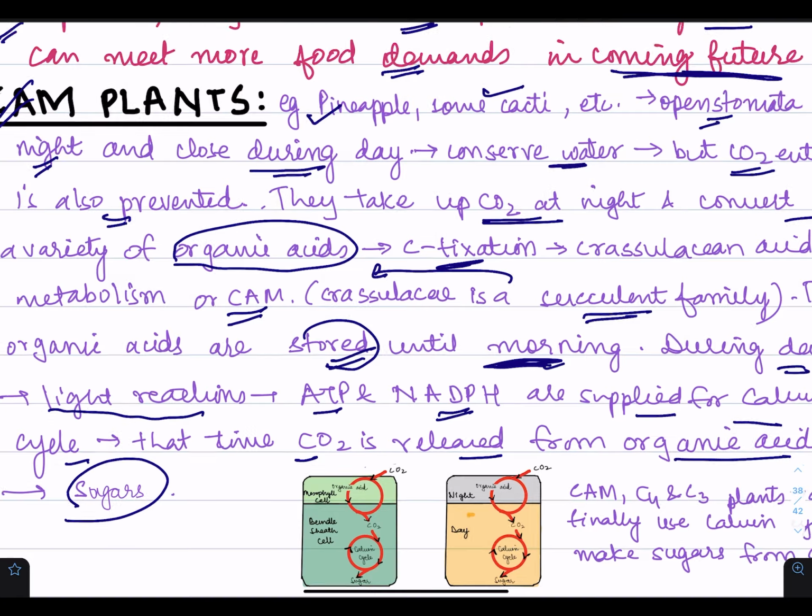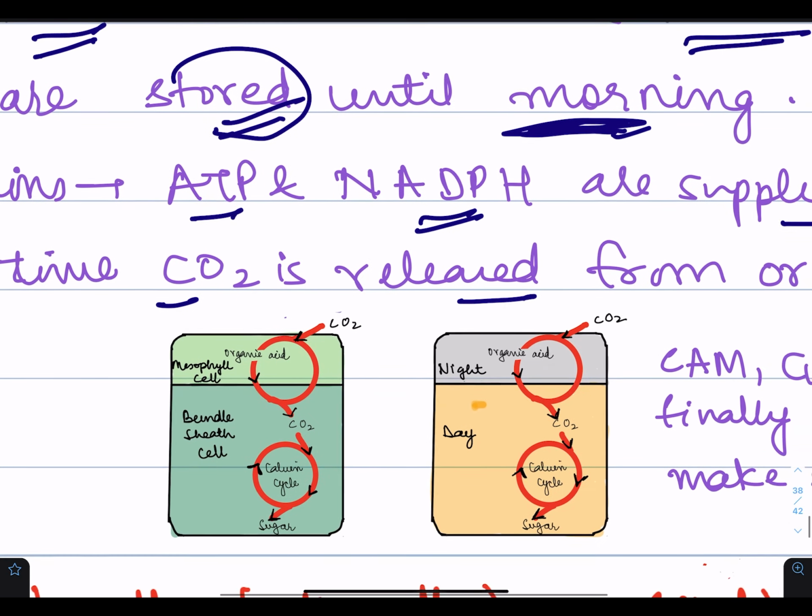So let us have a look at the diagram. This diagram is showing the functioning of C4 plants and this is showing the functioning of CAM plants. See what the C4 plants are doing via mesophyll and bundle sheath cells. They are taking carbon dioxide in mesophyll cells and pumping it into bundle sheath cells, and they go through the Calvin cycle and finally produce sugar.